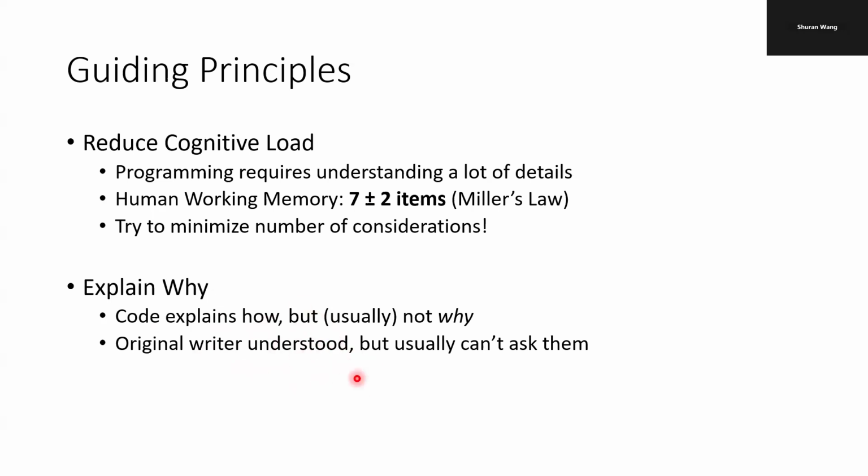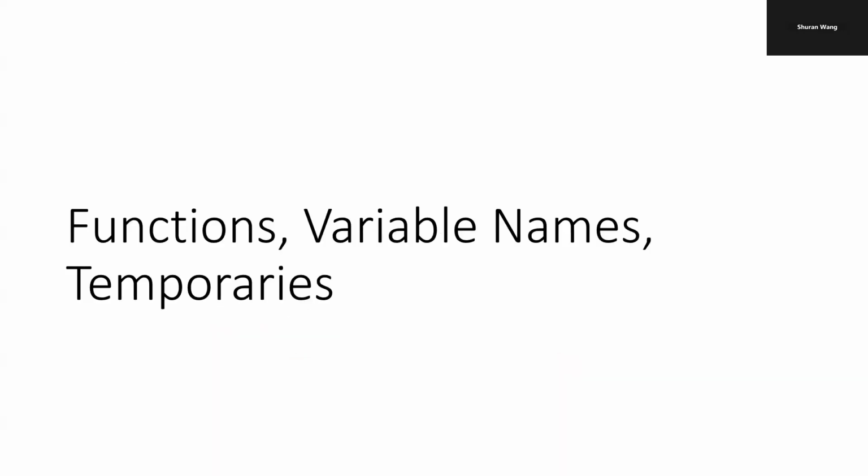Sometimes even the original writer doesn't know why after they do other functions and then come back to it. But it should be easy to understand both for the original writer and for your teammates and for the TA. These are the guiding principles. We'll be introducing each of these important things one by one.